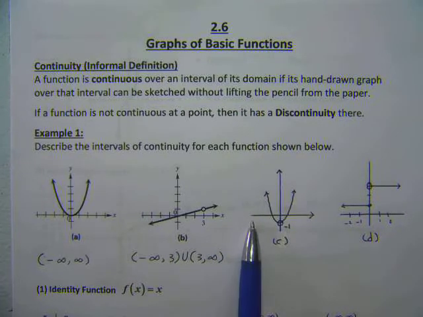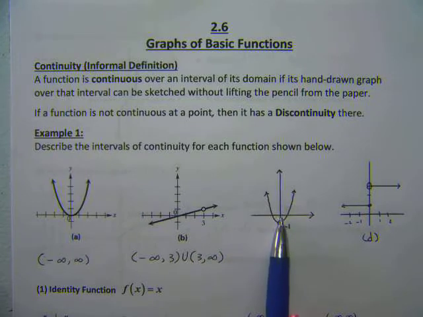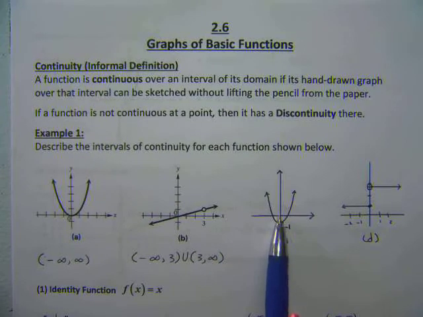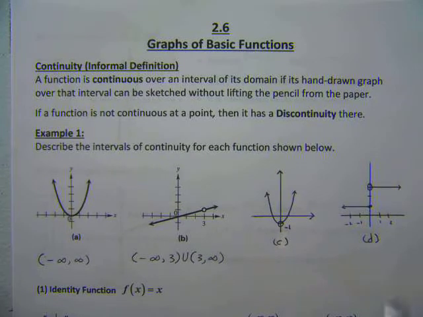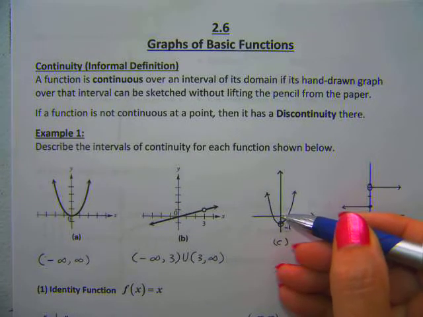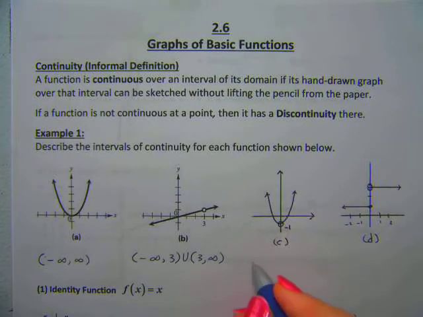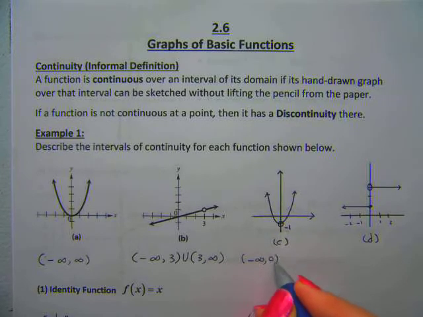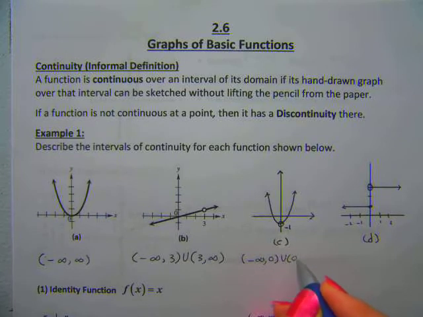So where is it continuous? From negative infinity to 0, and then from 0 to infinity. So the discontinuity is at 0, not at negative 1. So this is from negative infinity to 0, not including 0, then 0 to infinity.